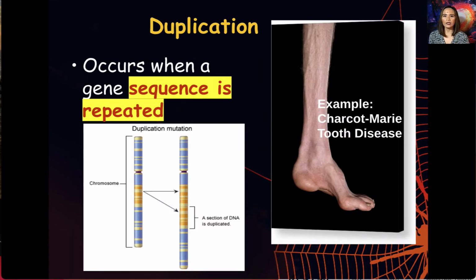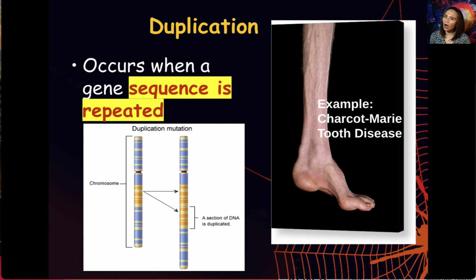The next one is duplication. Duplication occurs when a gene sequence is repeated, meaning there's another copy of that same segment. If you look at this diagram, the original chromosome has certain bands of yellow, and if duplication is happening, another section is copied or duplicated.